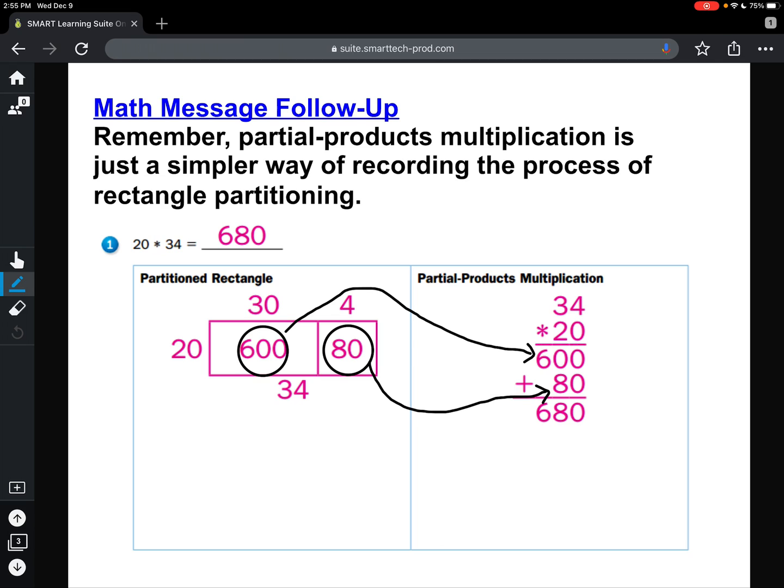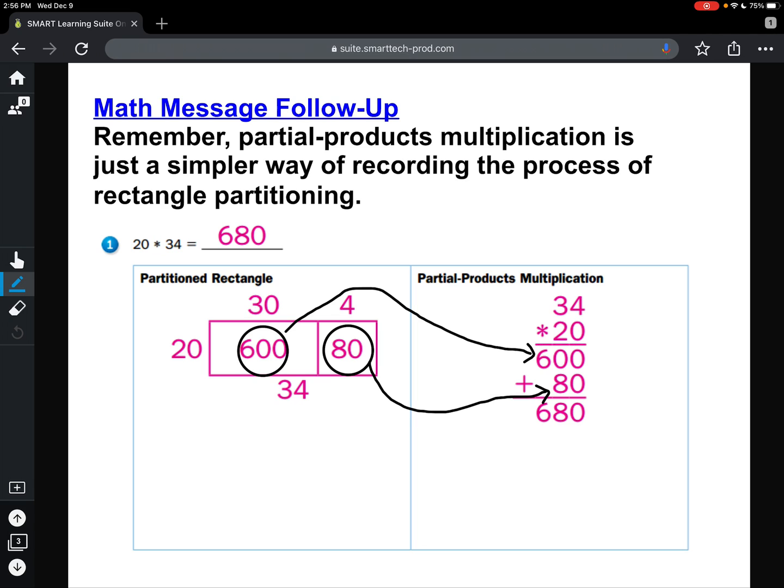So remember, partial products multiplication is just a simpler way of recording the process of rectangle partitioning. What that means is that partial products is a quicker and more efficient way to solve the multiplication problems that you cannot do in your head.